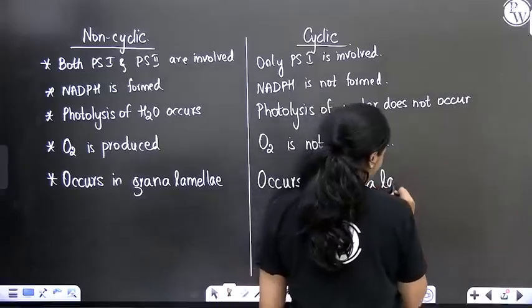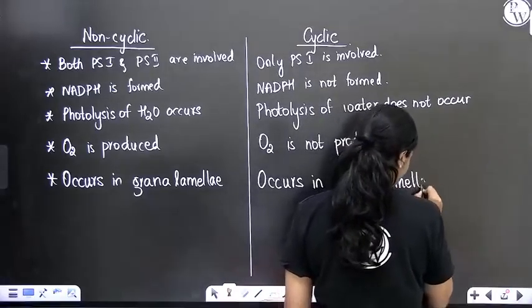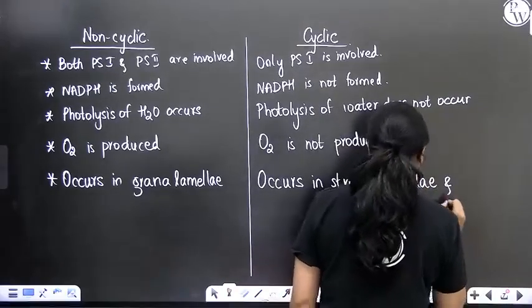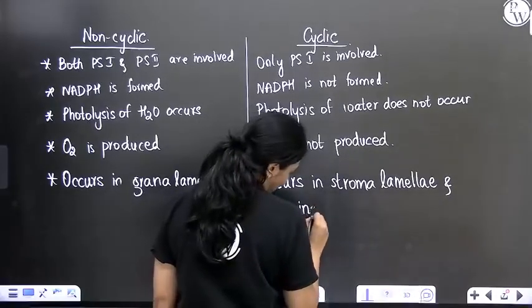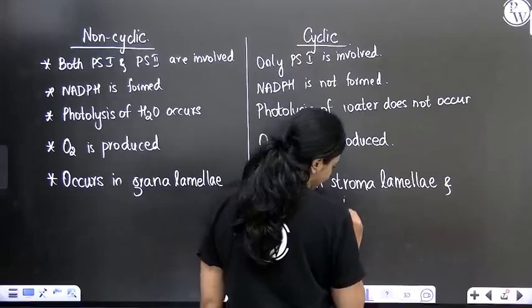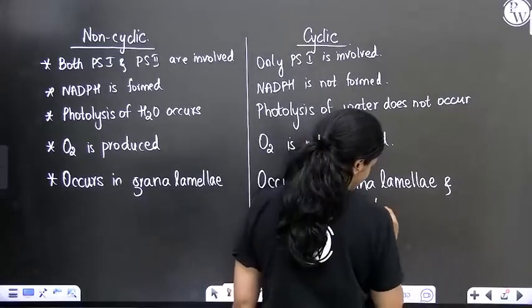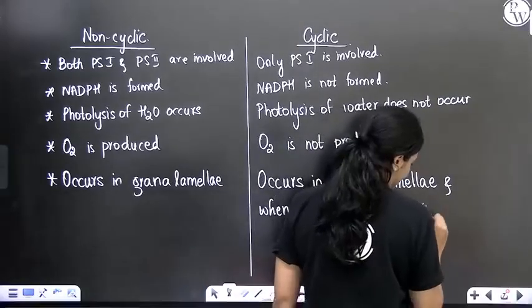Occurs in stroma lamellae. And when incident light is greater than 680 nanometer.